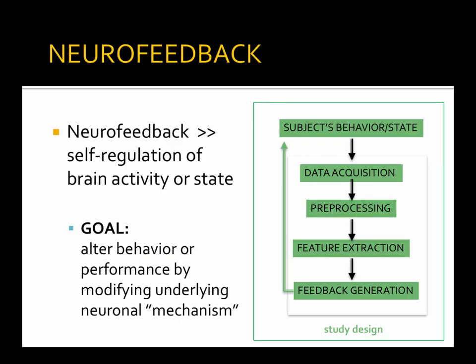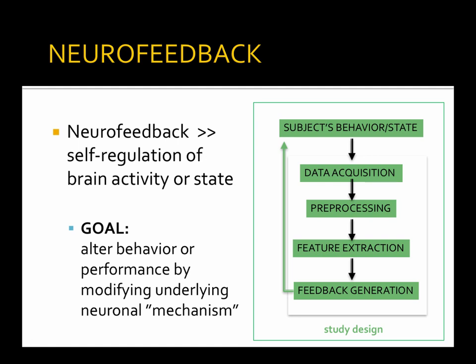So when we talk about neurofeedback, really it's the same principle, but now instead of trying to modify anything in the body, like the heart rate or the respiration, what we are trying to modify is the neural activity. So neurofeedback will have a self-regulation of the brain activity or brain state or behavior, right?